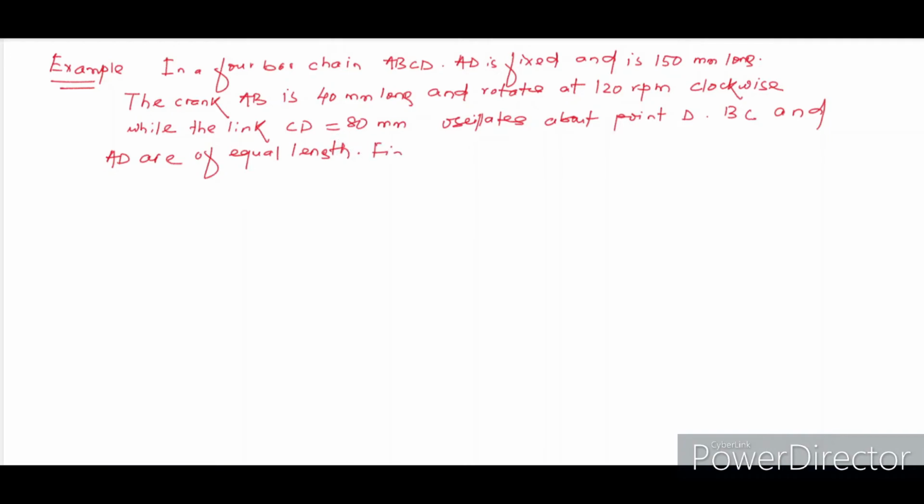So find the angular velocity of link CD when angle BAD is 60 degree.